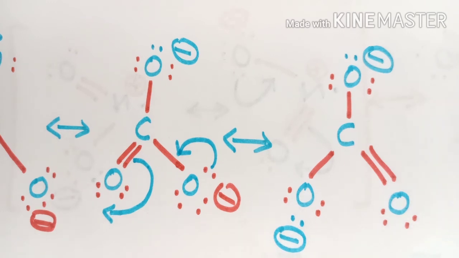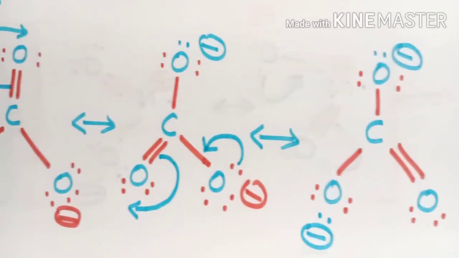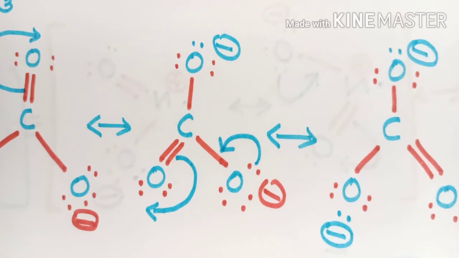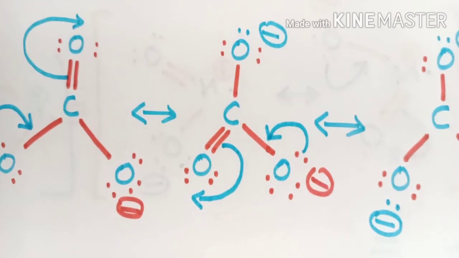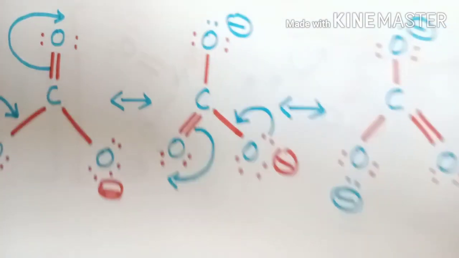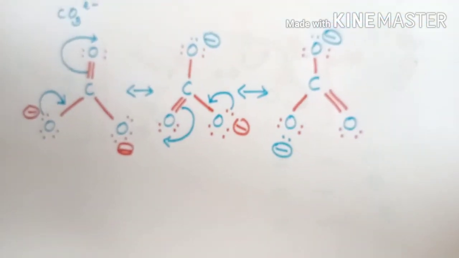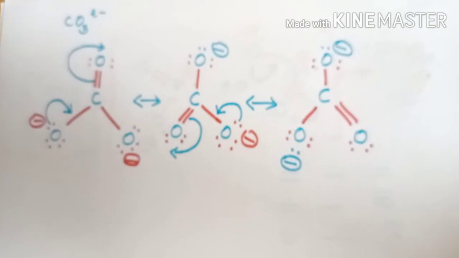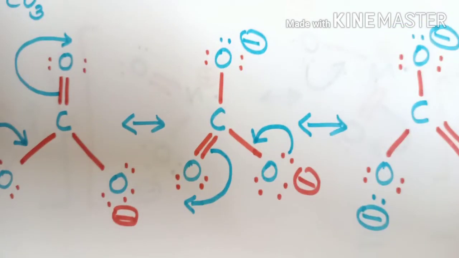So in carbonate ion, you find that more than two structures are possible. Actually, it is a resonance hybrid of 3 different structures.